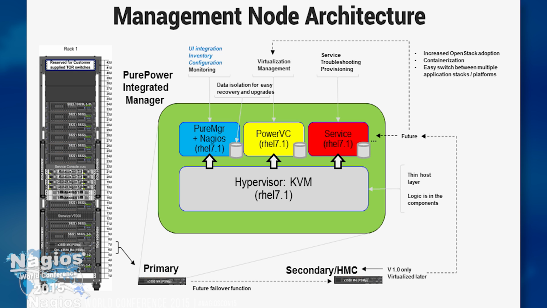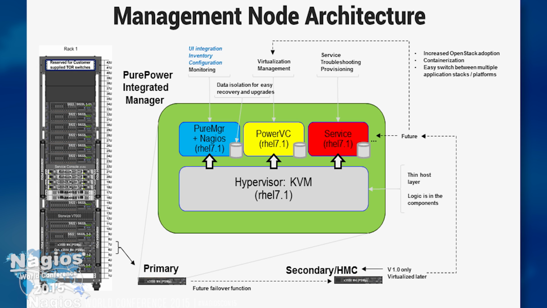Because we wanted to virtualize that and have primary, secondary, and automatic failover, we decided to go with a management node based on x86 architecture. Eventually, when the components all get ported to run on Power, we might do the switch. But for now, these things run on x86.